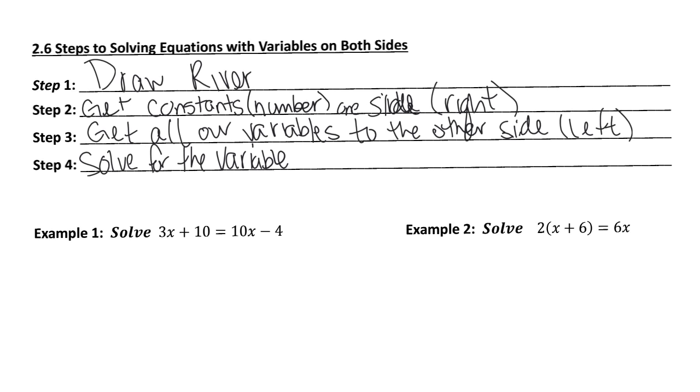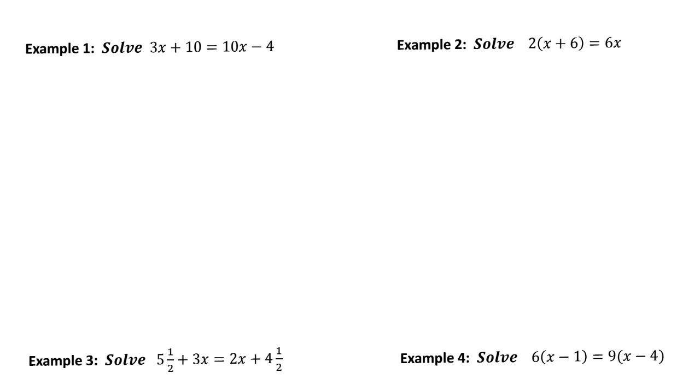Okay, let's look at example 1. So our first step is to draw the river. And then, as I said, I normally get my x on the left and my numbers on the right.